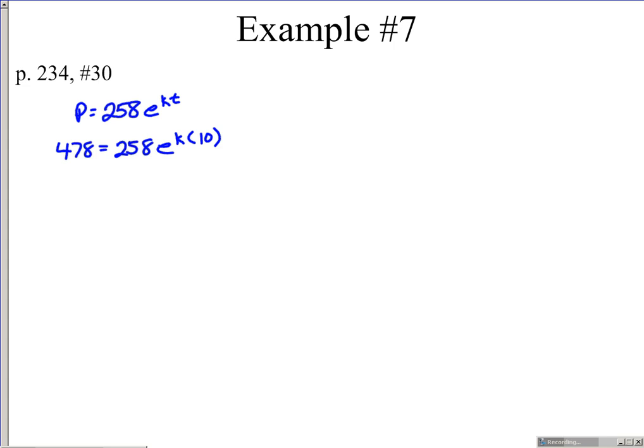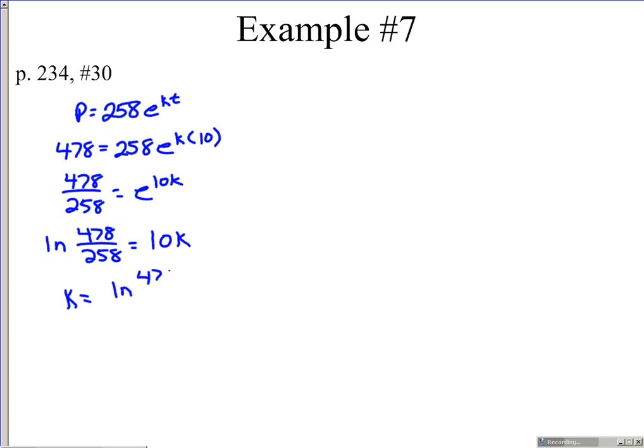From here, now we need to find that value of K. So I need to isolate the exponential. Once the exponential is isolated, now I take the natural log of both sides. Finish solving the equation for K. K is equal to the natural log of 478 over 258, all divided by 10.